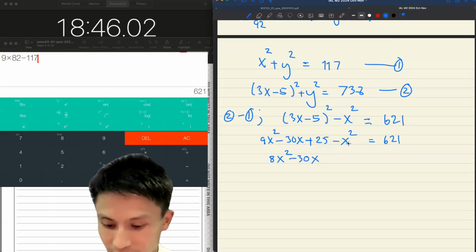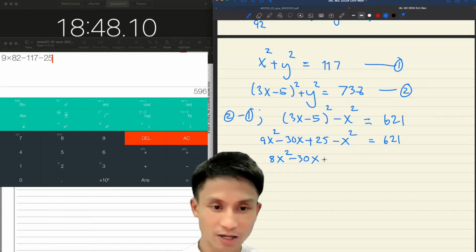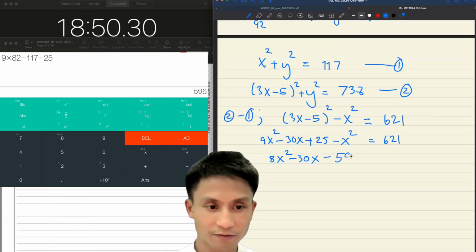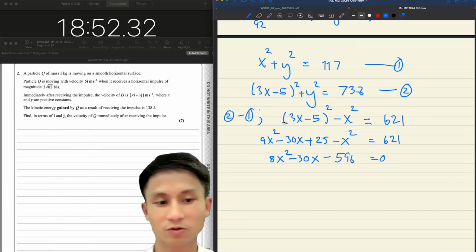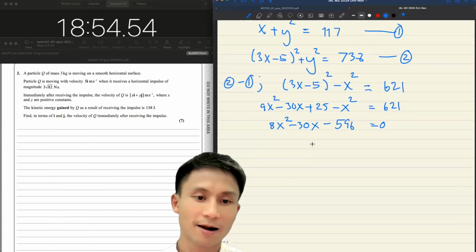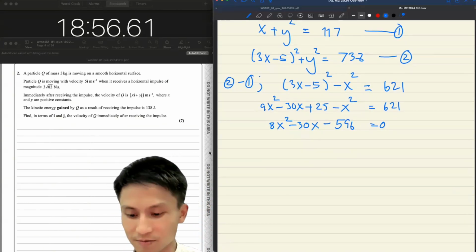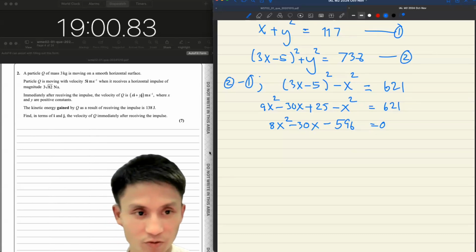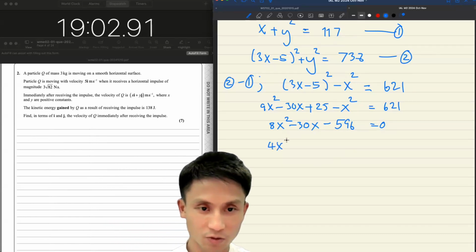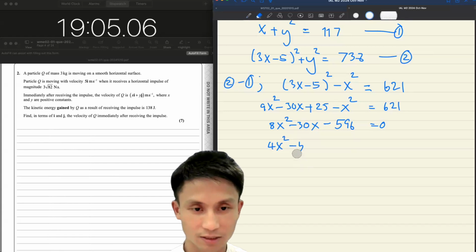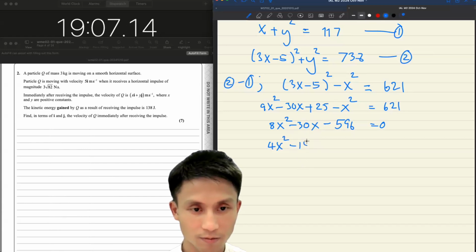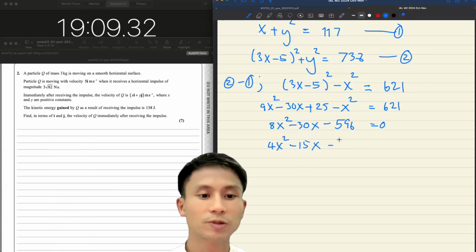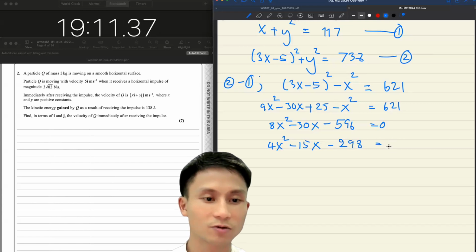And 621, if I subtract 25, I get minus 596, moving it to the other side. I think I can simplify that a bit. So dividing everything by 2, right? So I get 4x squared minus 15x, and then this will be 298 equals 0.